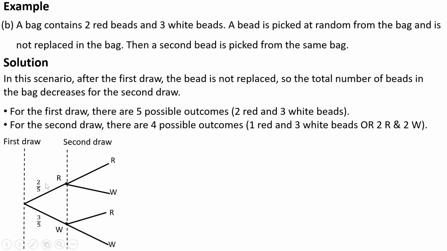And then in the second pick, it was not replaced. Then the number of red beads decreases by 1. There were 2, and then you remain with 1.